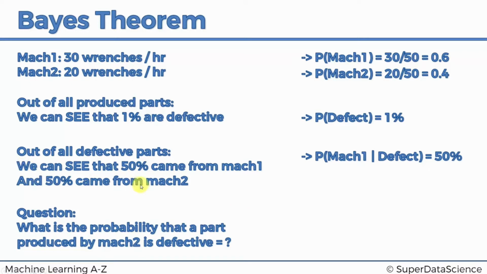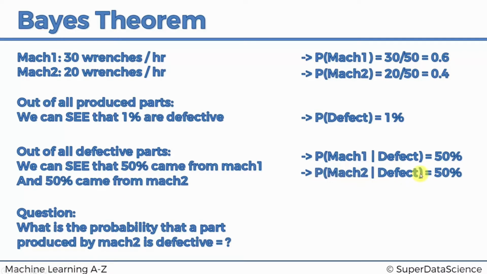Okay, so now let's do the same thing for machine 2. It's going to look exactly the same, but here it's going to be machine 2. So the probability that the part we just picked up was originally created by machine 2 is 50%, given that we're only picking from the defective pile. Because if we're picking out of all of them, it's actually 40%, it's 0.4.